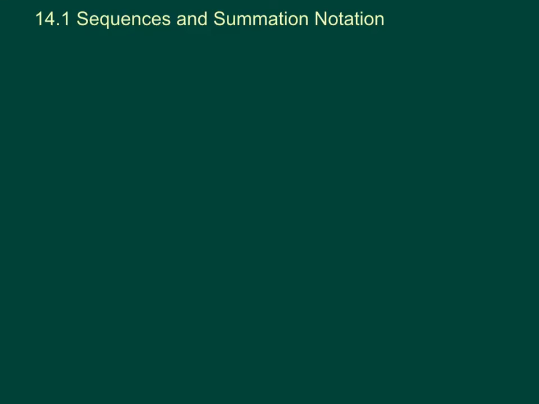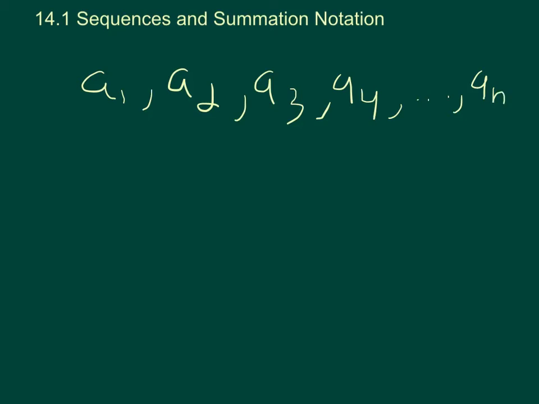The function's values, or terms of the sequence, are represented by a1, a2, a3, a4, and then you have the dot dot dot to say it goes on until you get to an, and then it can continue on because it's infinite. As soon as we put in a number for a sub n, then we've made it finite, which means it ends. It ends wherever that number is for a sub n.